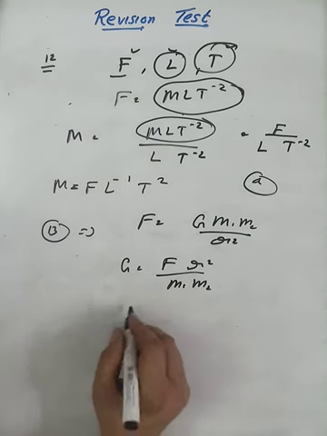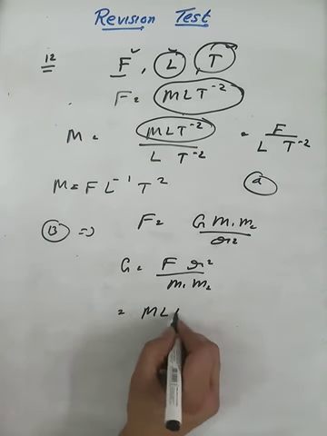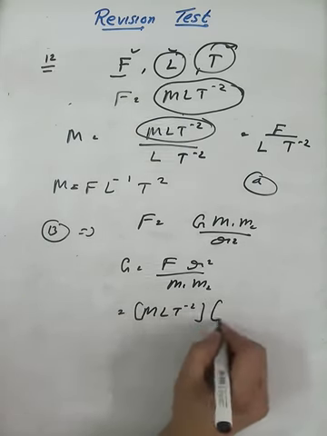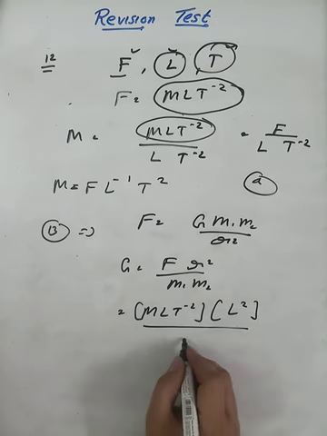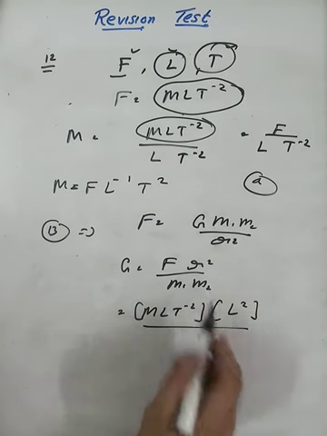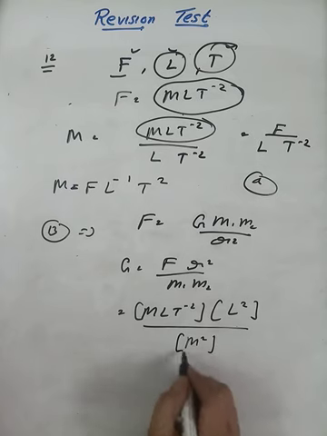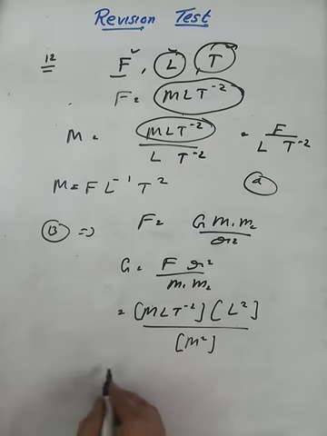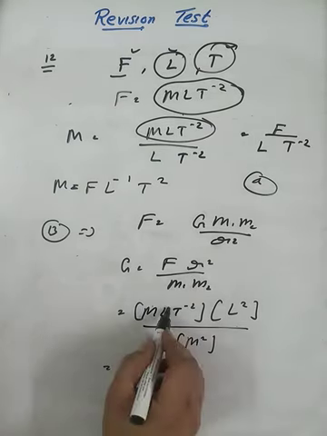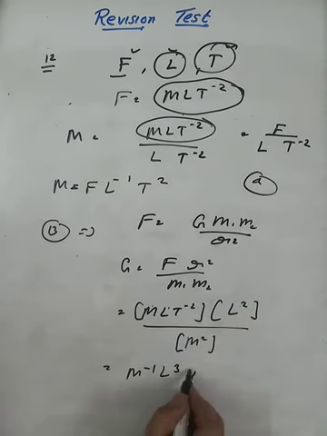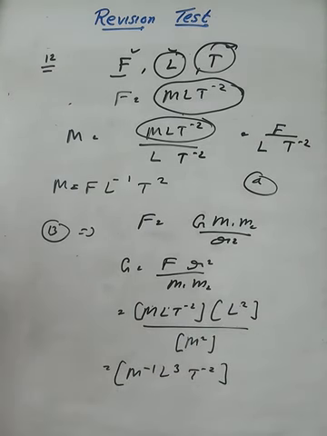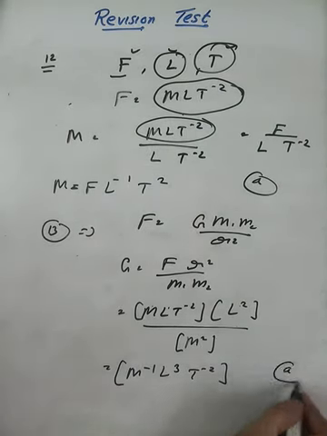Force is MLT^-2, r square is L^2, and m1 m2 is kg squared, that is M^2. It moves up, we get M^-1, L^1 and L^2 is L^3, T^-2. That means 13 is again option number A. A is correct.